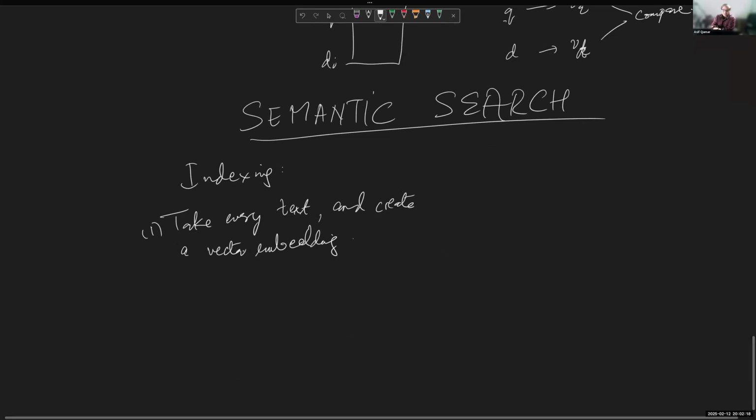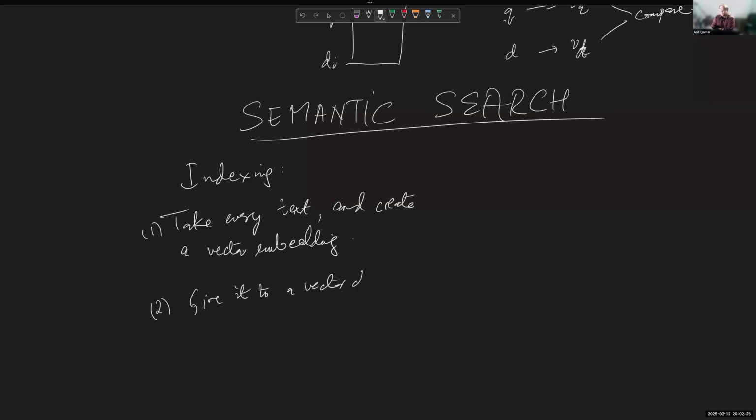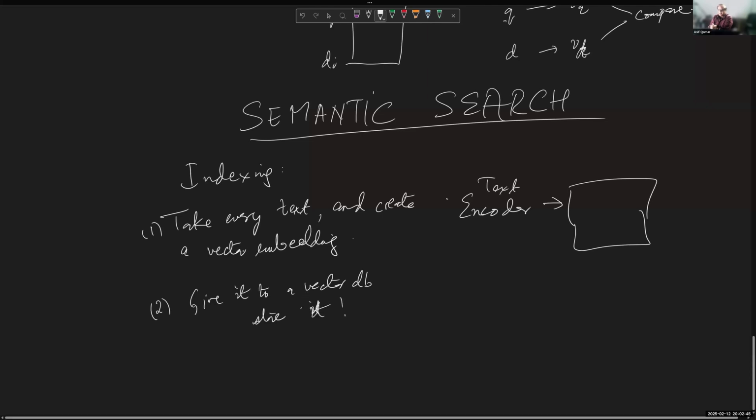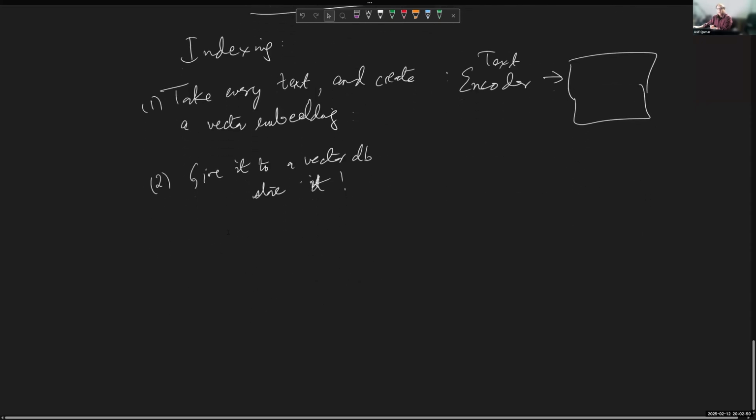Number two, give it to a vector DB. Actually, these days, vector databases are pretty smart. You give it an encoder. So what will do it? Encoder. This is a neural network. Remember that magic box we talked about? Language understanding box, text encoder. Text encoder will do it. And then you give it to a vector database and say, store it. So now it will have 10 million points stored.